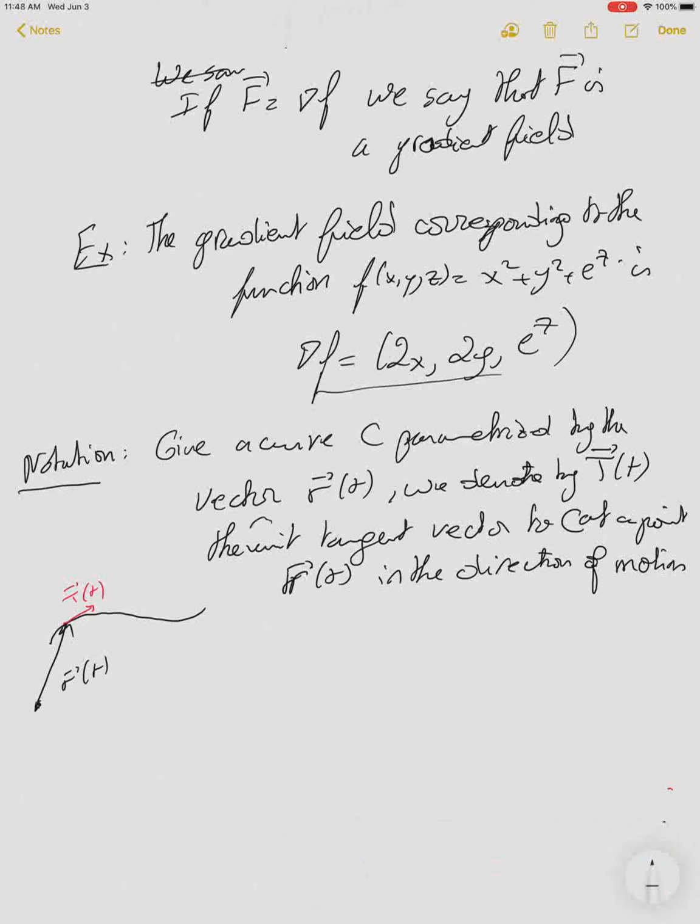The main point here is that it's a unit vector. This implies that T of t equals v of t over the absolute value of v of t. It has the same direction as the velocity. Maybe the velocity is not a unit vector. Remember, the modulus of the velocity is the speed, which might not be equal to 1.